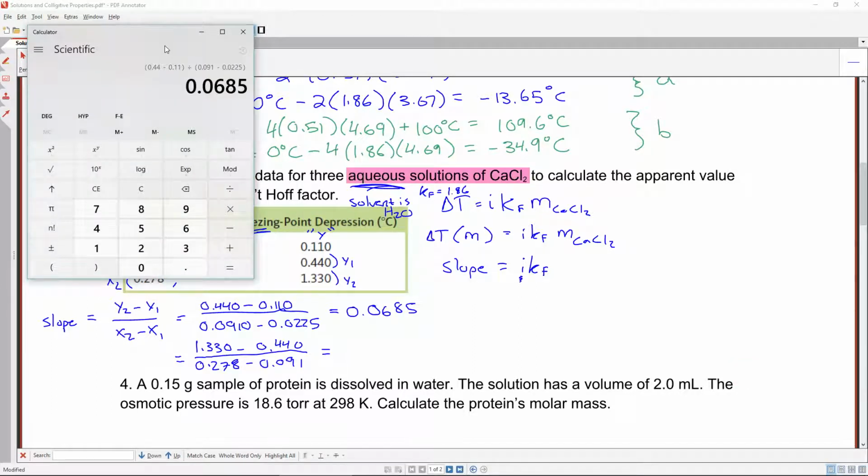Wait, let's do that for the second one. It should be close, but probably not equal to. Oop, I forgot my parentheses. 1.33 minus 0.44 divided by 0.278 minus 0.091. Okay, nowhere close, right?